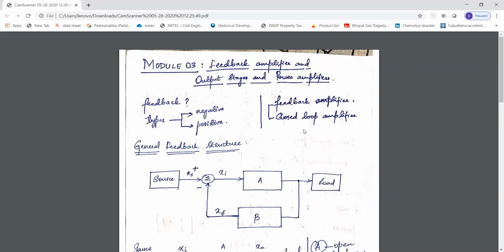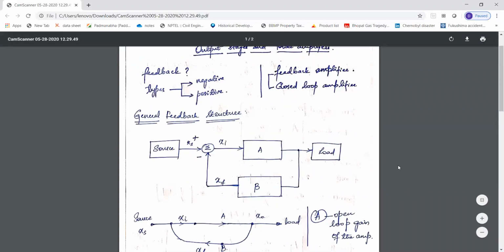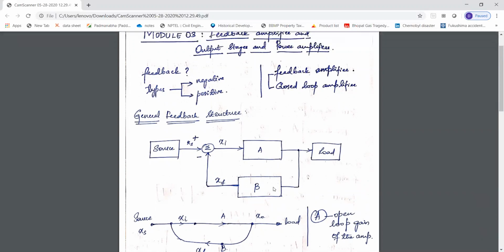This is the general feedback structure, wherein we have the source and load at the two extremes, and in between we have the amplifier whose open loop gain is A. You can observe that a part of the output signal is being fed back to the input through the feedback network with feedback gain equal to beta. And we have a summer here.